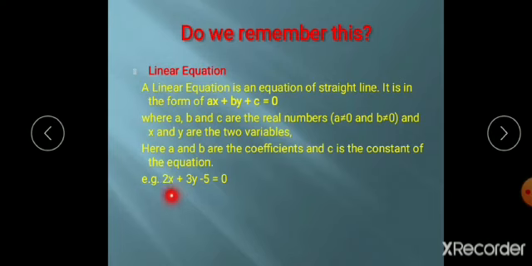If x is minus 2 and y is 3, then you get minus 4 plus 9 minus 5. If you substitute these two values, you get the answer 0. So this is a solution for the linear equation in two variables. One linear equation has many solutions. It not only satisfies minus 2 and 3, it may satisfy other roots also.